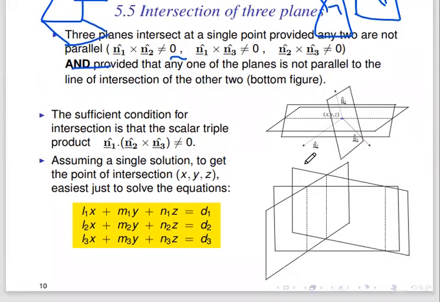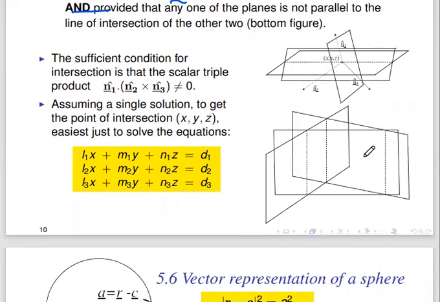But here, look at this figure. Each of them are non-parallel. Each of them are non-parallel. This one, non-parallel.